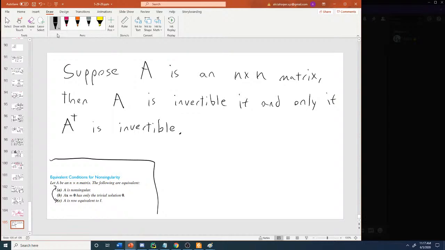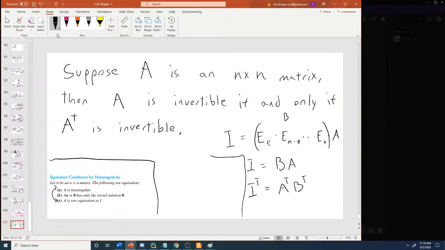then A is row equivalent to I, which means there's a sequence of elementary matrices E_k times E_{k-1}, and so on, all the way until E_1 times A, such that this is equal to I. We'll call this B, and so this becomes I is equal to B times A. And we're going to take the transpose of it, and so we'll have I transpose is equal to A transpose times B transpose, recalling that transpose is order reversing.